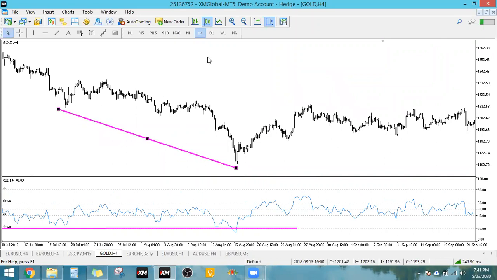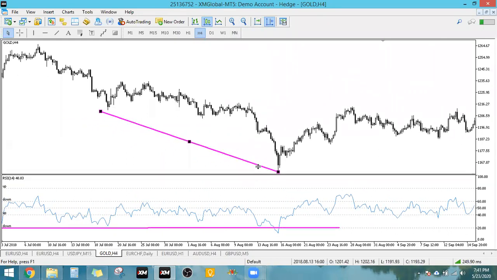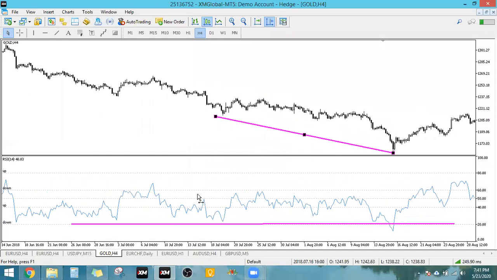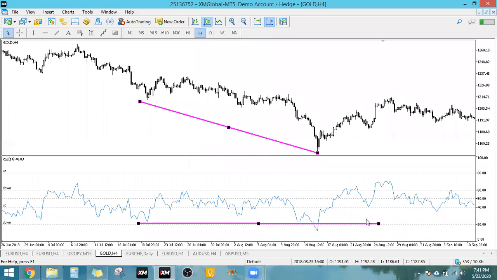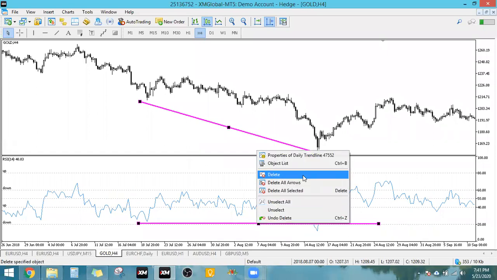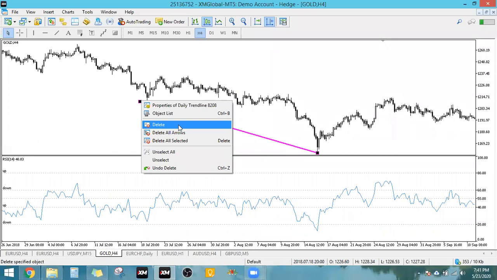Yan. So, makikita nyo dito. Yan. Dito wala. Sa H4 wala. No? So, no divergences on H4. It was only on D1 nakita. No? Sa H4 wala.